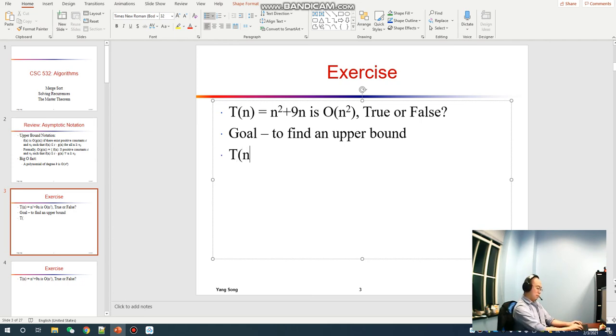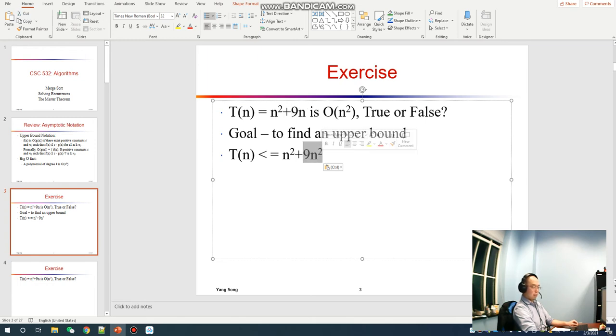T(n) is smaller than or equal to n squared plus 9n squared, because we are increasing this 9n to 9n squared.